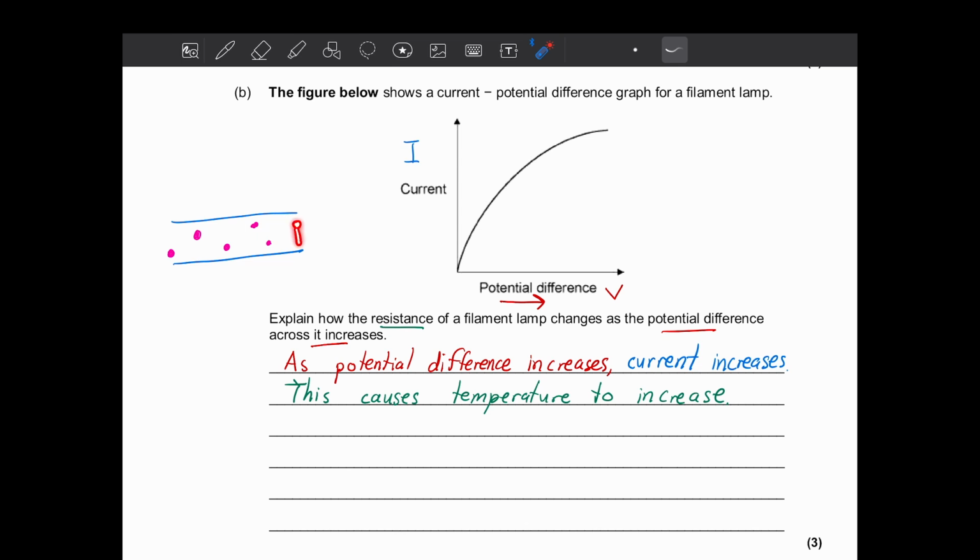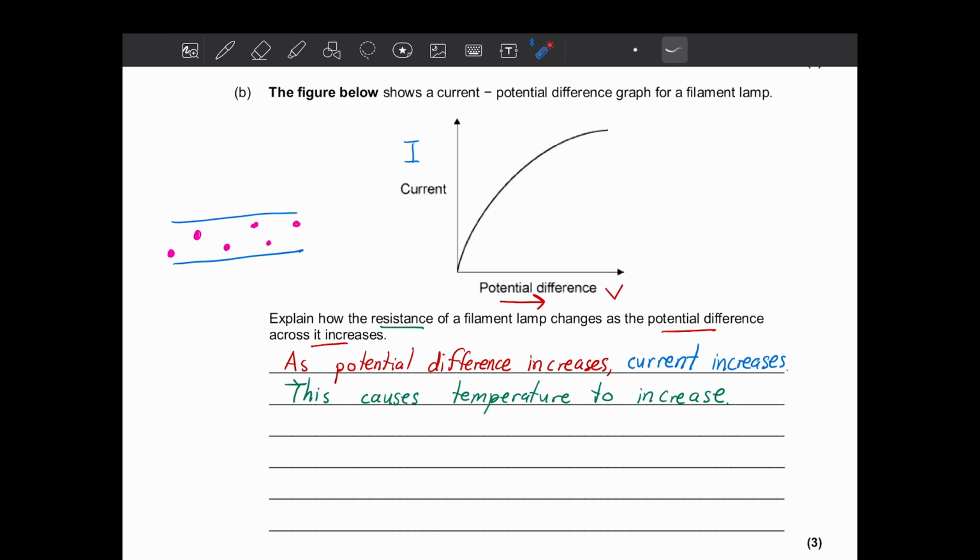If temperature goes up, the ions in your metal are going to be vibrating a lot more, and that's going to make it harder for current to flow through because it's going to be bumping along these ions that are moving back and forth and vibrating about their positions. So temperature increasing makes it harder for charge to flow because the ions are vibrating about.